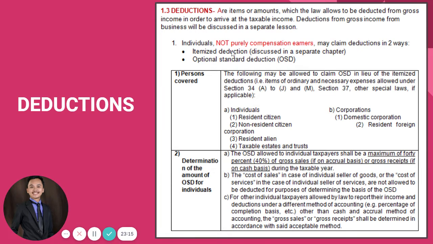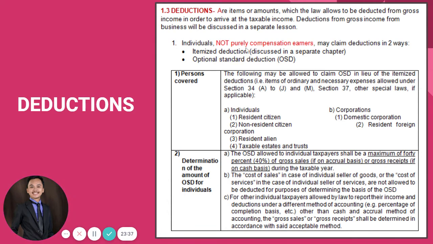First is itemized deduction, and second is optional standard deduction. But for this discussion, let me just operationally define itemized deduction as the deductions itemized in the problem. Okay, those deductions which are given in the problem.